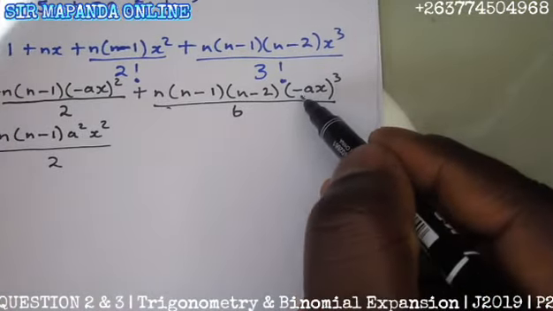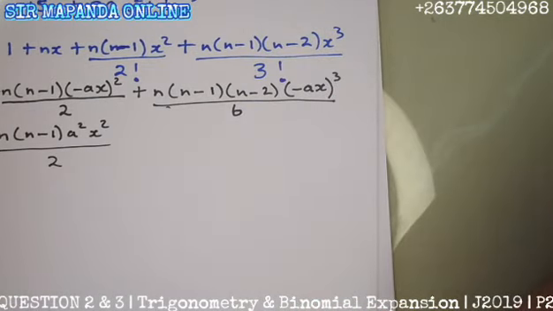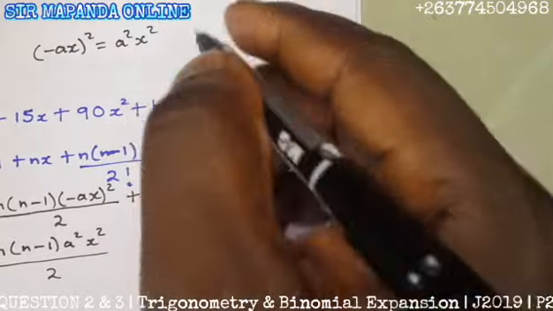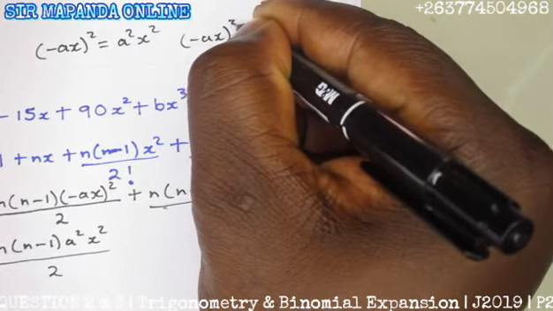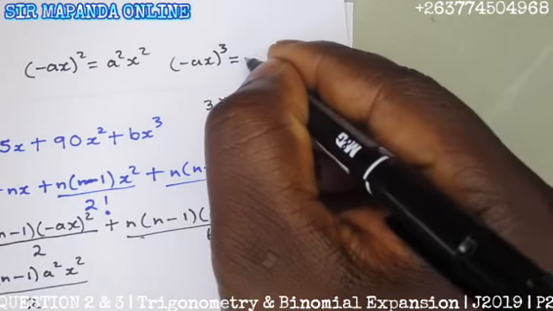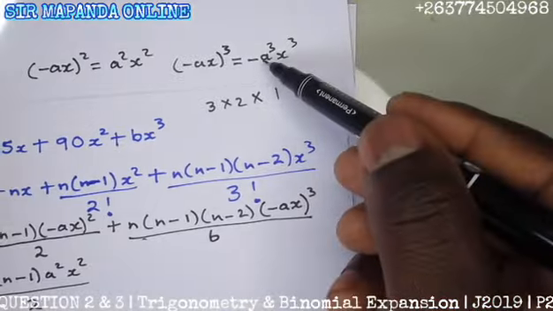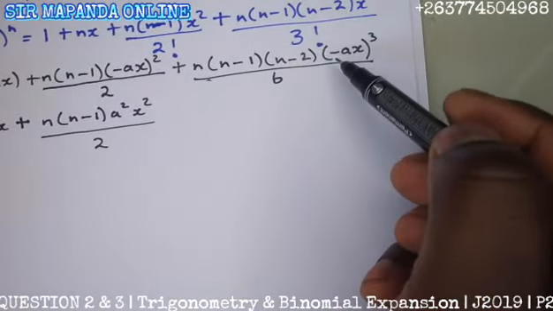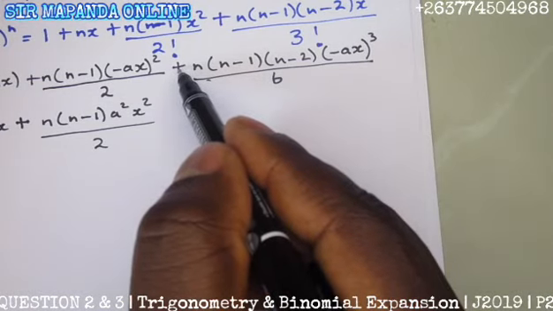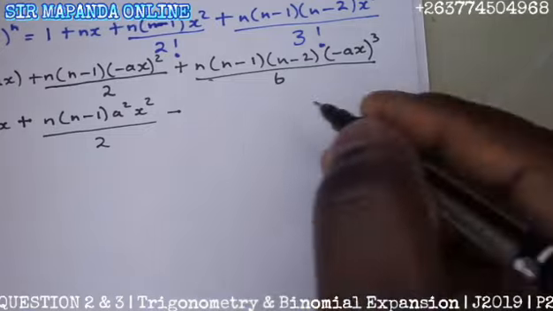But if you raise a negative number with an odd power, the negative sign remains. So negative ax raised to the power of 3, you get negative a cubed x cubed. So the negative sign remains. So if the negative sign remains, it means this plus is going to be multiplied by that negative sign to get a negative result.